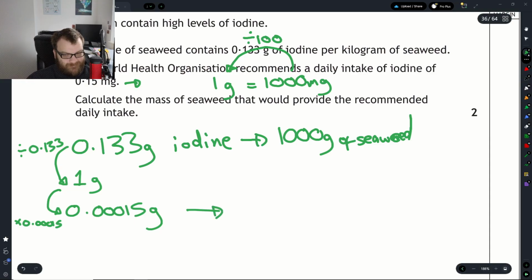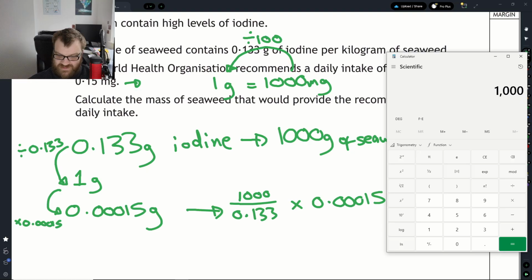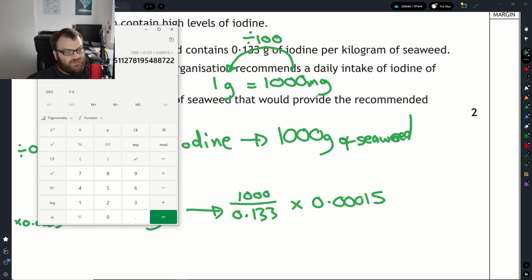So the mass of seaweed that will contain that number of grams of iodine will be 1,000 divided by 0.133 times 0.00015. That gives us 1.13 to 3 significant figures.